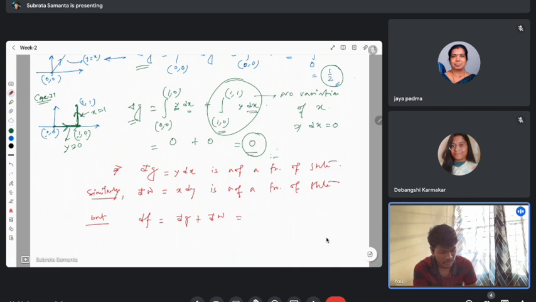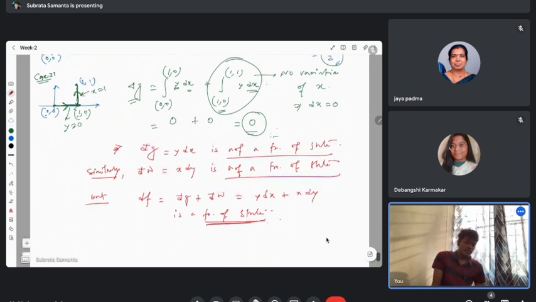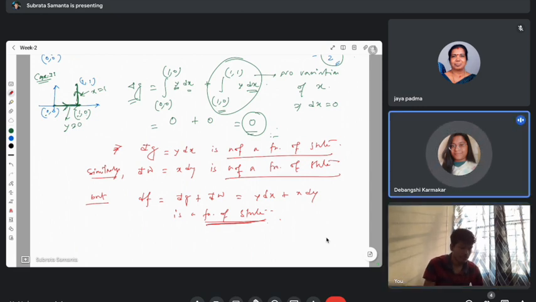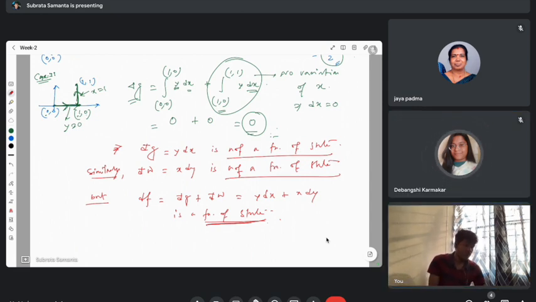That means x dy plus y dx is a function of state. Okay, is this point clear or not? Yes.